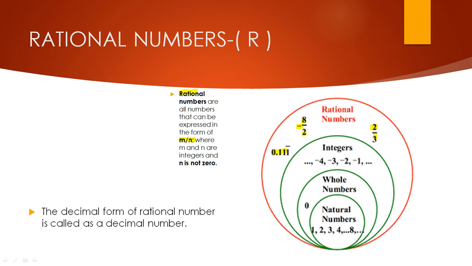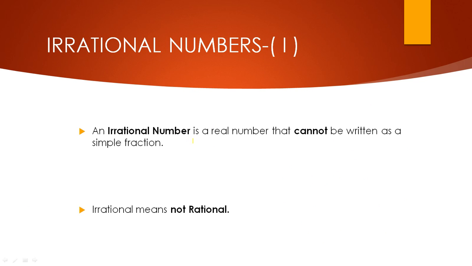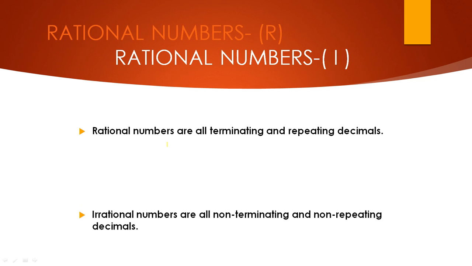But what about the irrational numbers? Irrational numbers are not rational, but they also deal with the decimal part. So you have to look at what type of decimal value it is. If it's a terminating decimal, it's a friend of the rational numbers. And if it is a repeating decimal, it's a friend of the rational numbers.